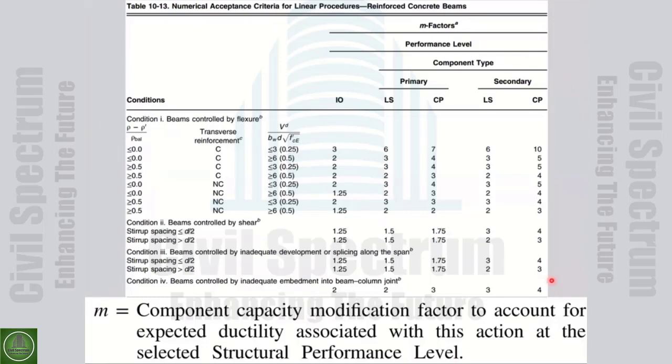Such an important table. Just you structural engineers can look at this table and enjoy. Really is enjoyable, even on Sundays around 10 p.m. Because for example, this table is for acceptance criteria for linear procedures for reinforced concrete beams.